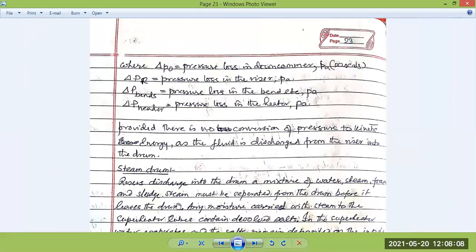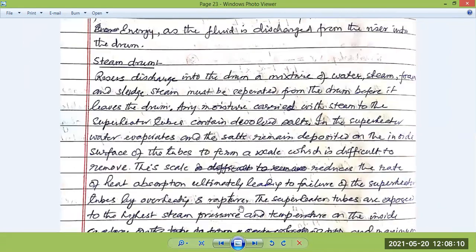Now let us go to the steam drum. We have one downcomer, we have one riser, and we have one big drum which is defined as the steam drum. The risers discharge into the drum a mixture of water, steam, and foam and slag.